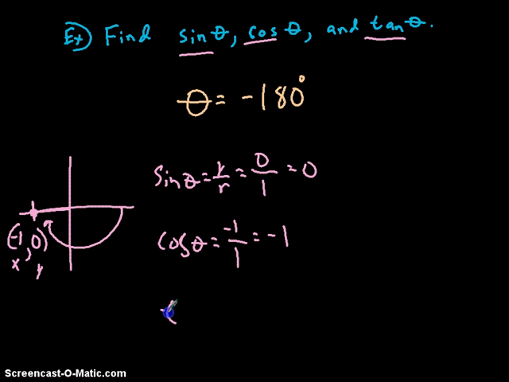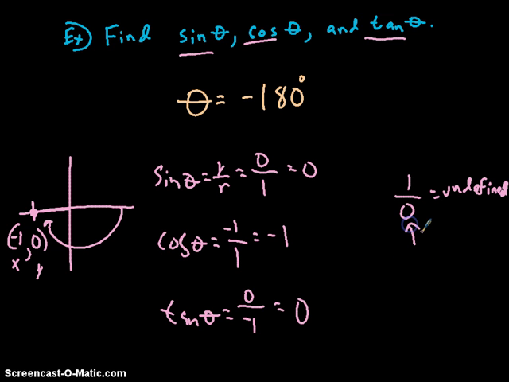And then tangent theta would be 0 over -1, so it's also 0. So sine is 0, cosine is -1, tangent is 0. Sometimes you may get things like 1 over 0. Well, if you ever get that, just know this is undefined. So if you ever get one that has a 0 in the bottom, it's undefined. And that's it.